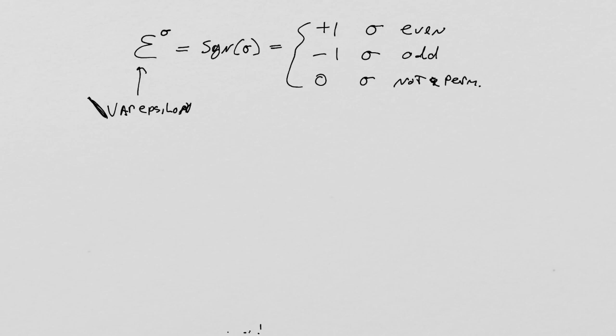A permutation will always be a sequence of numbers, in this case from 1 to n, representing the different coordinates. And sigma will be some permutation of the numbers 1 to n. It would be sigma of 1, sigma of 2, ... to sigma of n. And if any of these values of sigma are the same, you'll have this not a permutation factor, and it's 0.